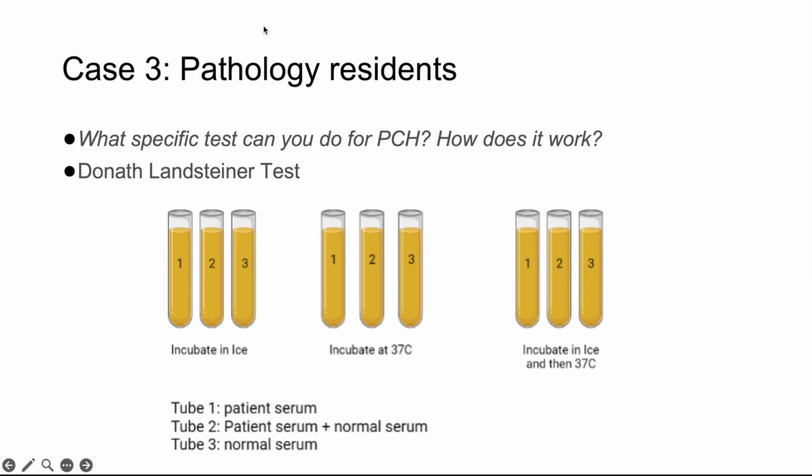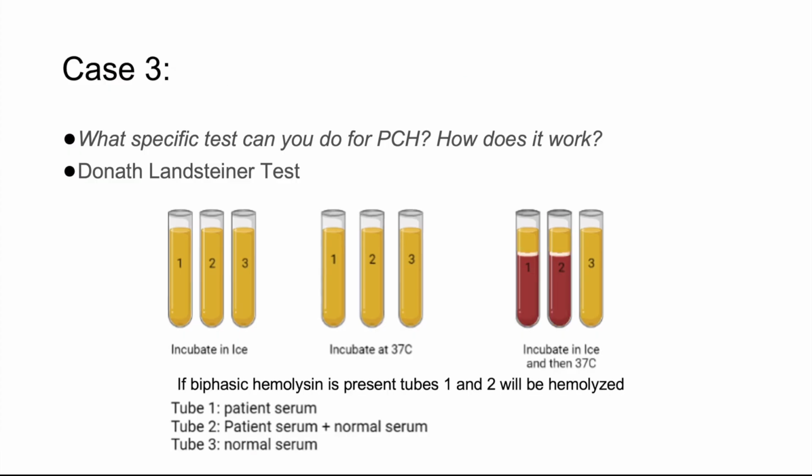So this is a control, this is also a control, and here what you're hoping is that this antibody will bind at a lower temperature. Then, because you are mixing the patient's serum there, which contains complement, as you move it to a higher temperature, it should activate the complement and lyse those red cells. So if there's a biphasic hemolysin present in tubes 1 and 2, they will be hemolyzed.